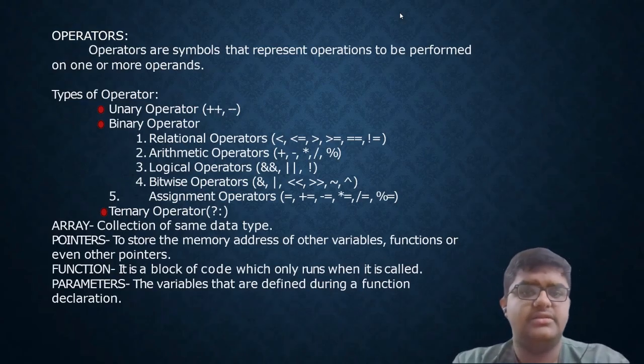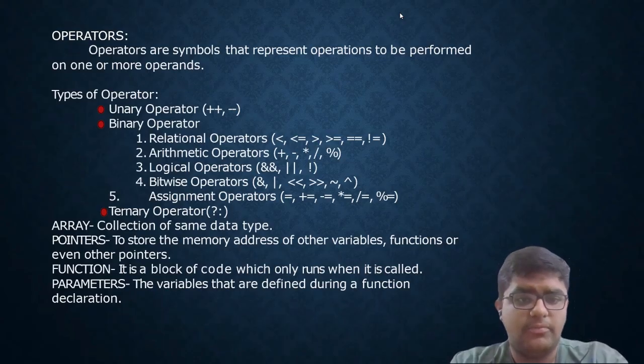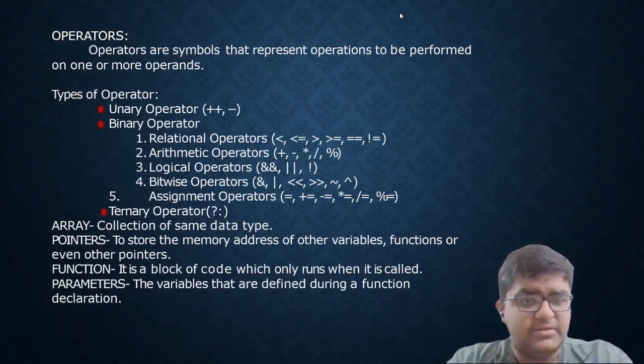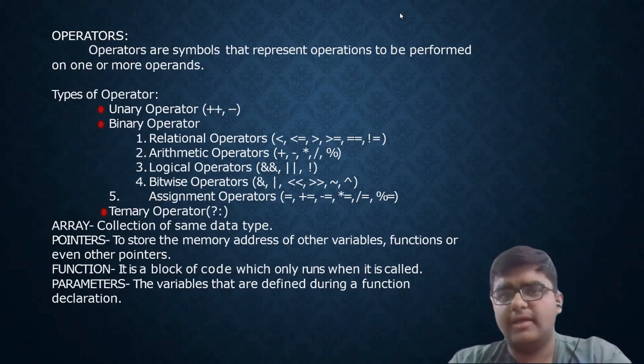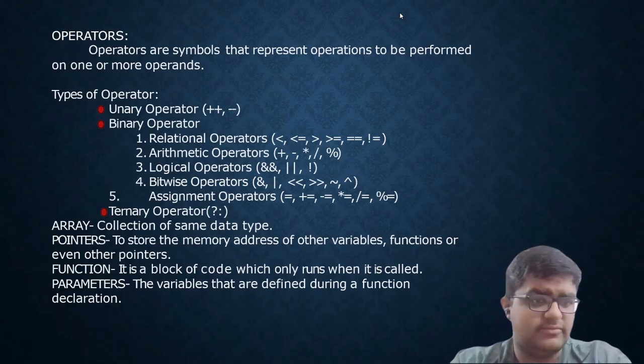These are relational, like inequality operations. Then we have arithmetic operations: plus, minus, multiply, divide, and mod operators; logical, like and, or, and not; bitwise operators; and assignment operators. All these are used for specific tasks which we do in the daily needs of embedded systems.